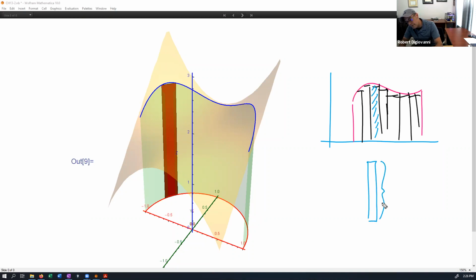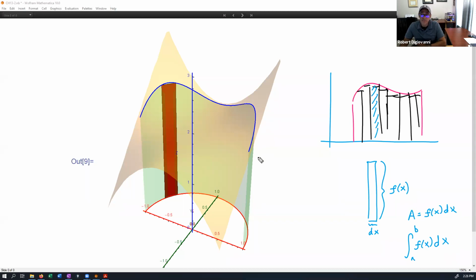The height of this is just the function's value, and the width we called dx. So the area of that would just be the height times the width. If we want the area of the whole thing, we would do an integral that allows you to add them up, all those little areas, from A to B. That's basically what Cal 2 was about.